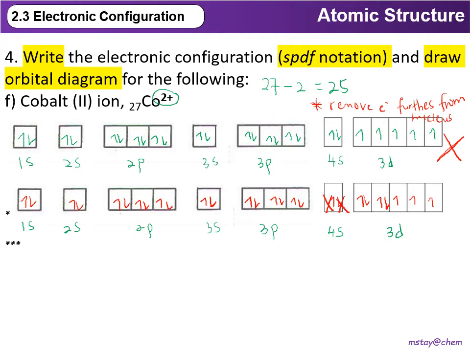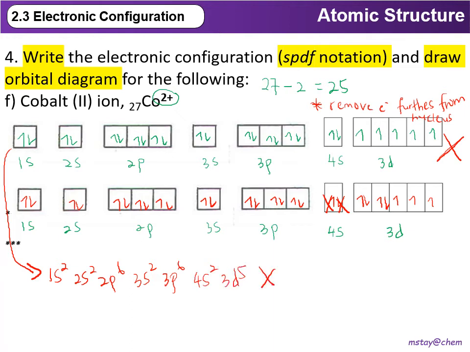Now based on the SPDF notation, for this one, the notation is 1s2, 2s2, 2p6, 3s2, 3p6, 4s2, 3d5. This is wrong because it does not remove the electron furthest from the nucleus.